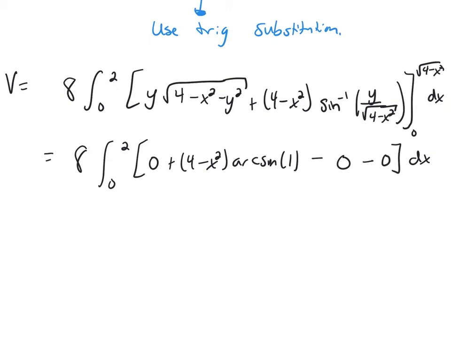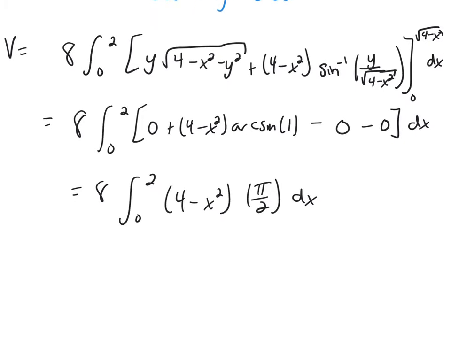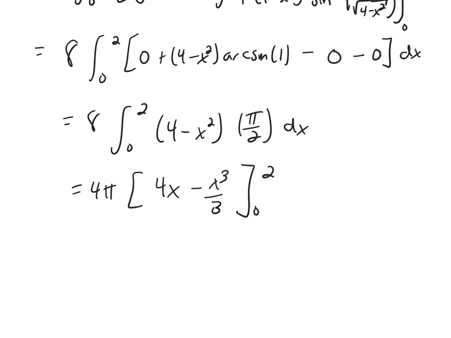Arcsine of 1 is pi over 2. So here you're going to get 4 pi, and then 4x minus x cubed over 3 from 0 to 2, and it'll be 64 pi over 3. And there's my answer for the volume.